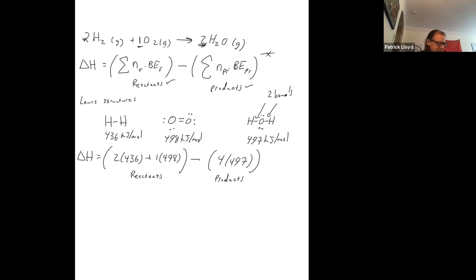Okay. So now adding the reactants together, 2 times 436 plus 498, you get 1370. Minus 4 times 497, 1988.